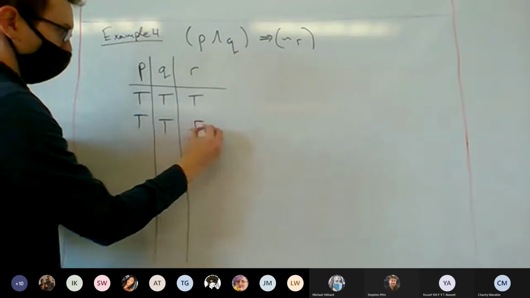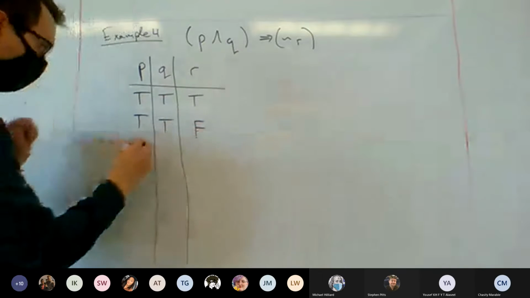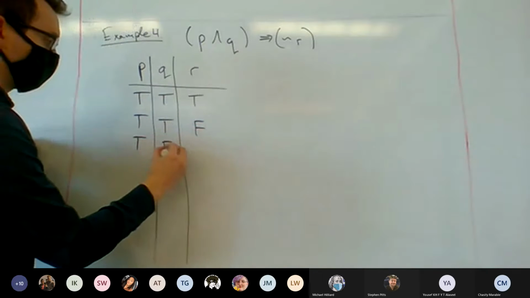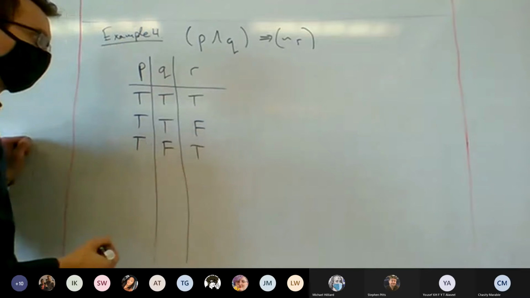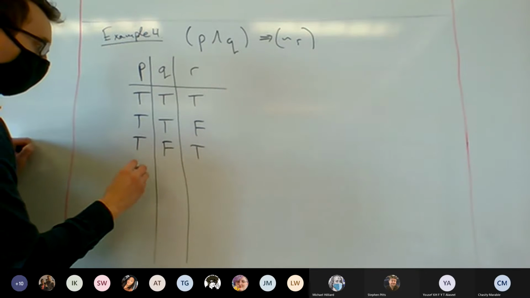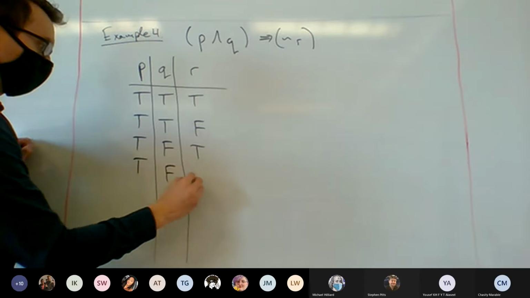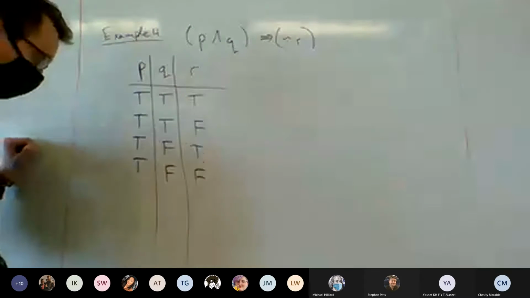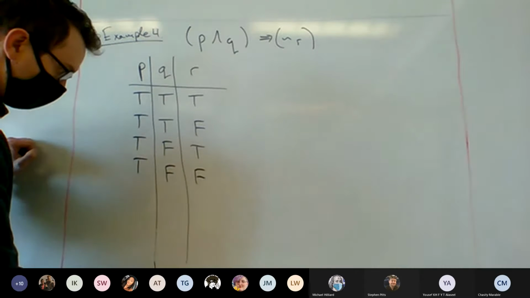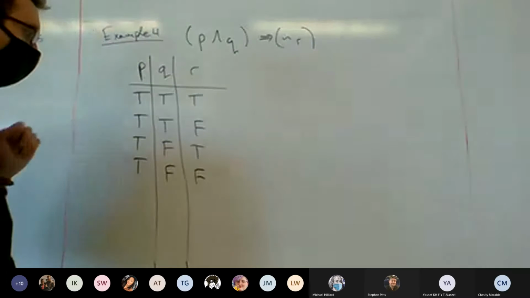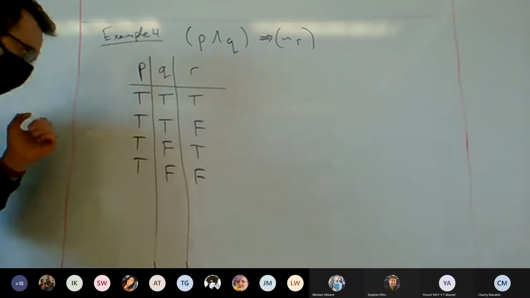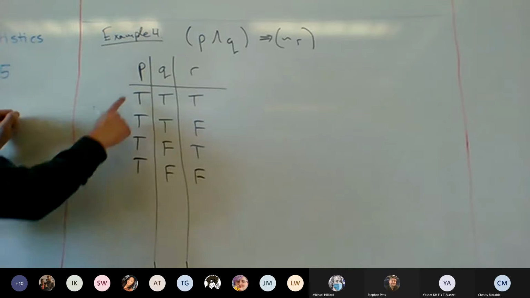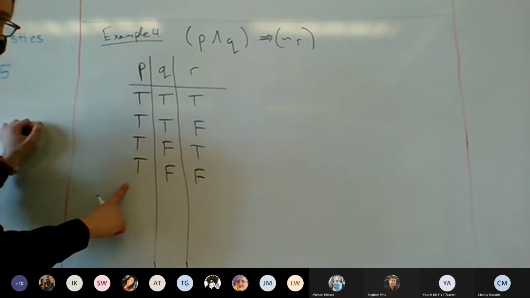Then true, true, false. Then true, false, true. Then true, false, false. Okay, I'm halfway. Notice P has been true the entire time.